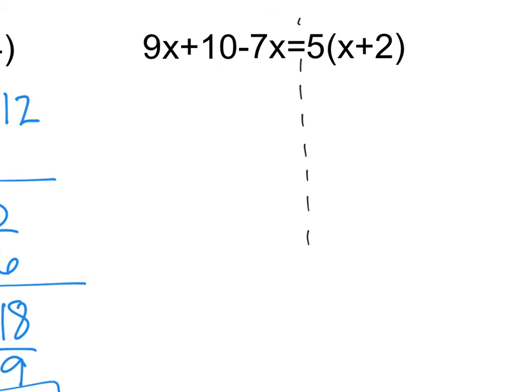Before you do anything, you distribute. That's step one. So I am going to copy down this left side of the equation just how it is. And then I'm going to distribute over here. So 5 times x is 5x, and 5 times 2 is 10.